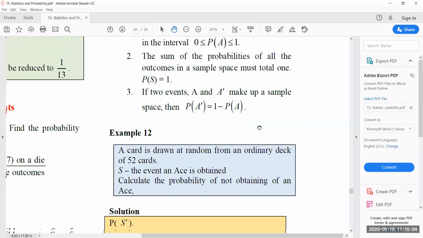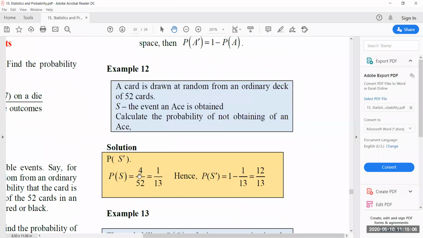Four, correct. So let's see the working here. The probability of obtaining an ace is 4 out of 52, which is 1/13. And remember, if you want to find P of S prime, it's 1 minus the probability of S. So 1 minus 1 out of 13 is 12 out of 13. Any questions?